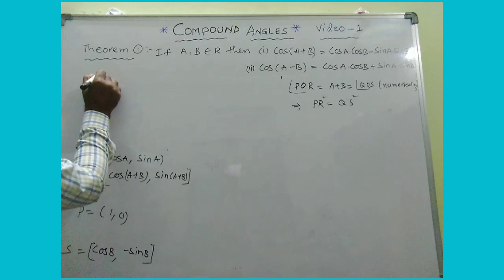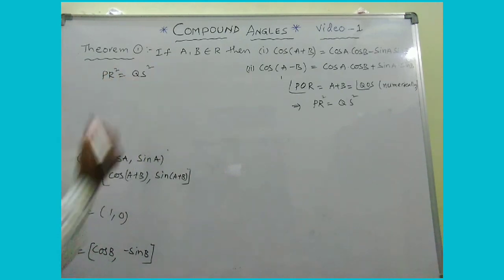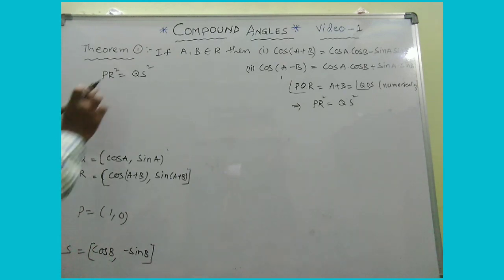So see here what condition we got finally. PR whole square is equal to QS whole square. So let us go for the distance between two points formula: under root of x1 minus x2 whole square plus y1 minus y2 whole square. Anyhow, because of squaring, the root gets cancelled.